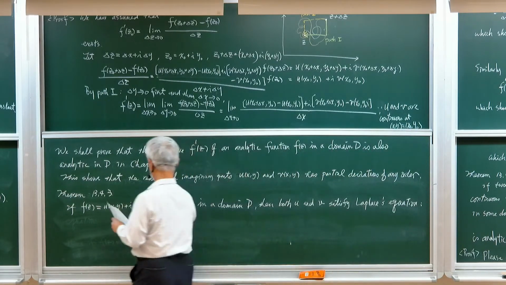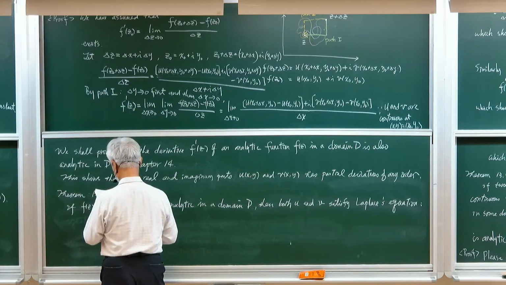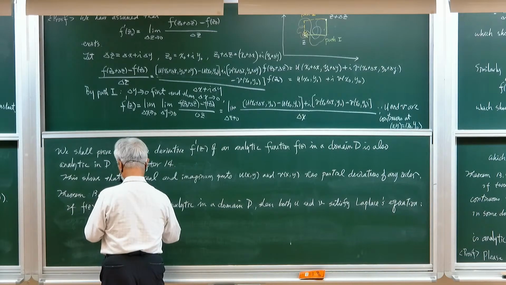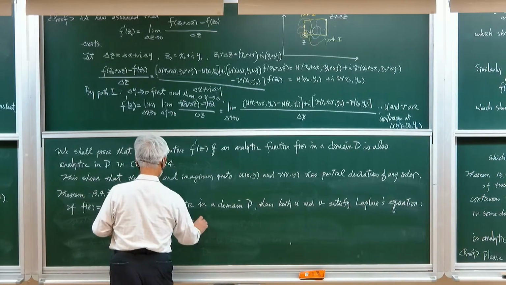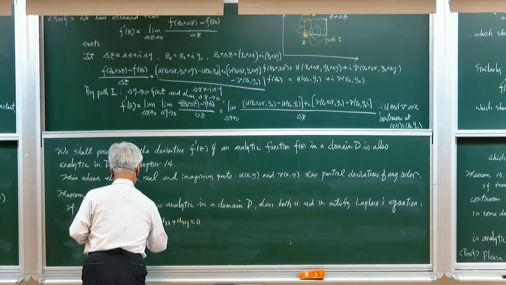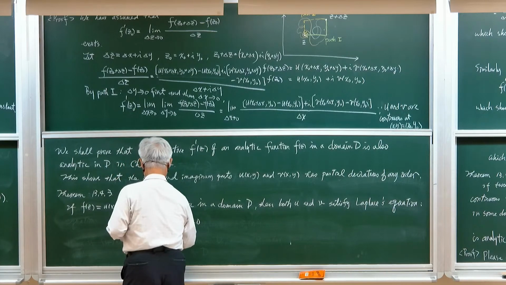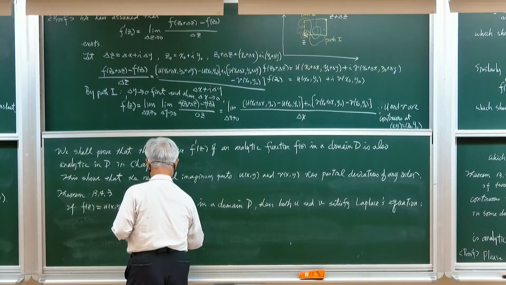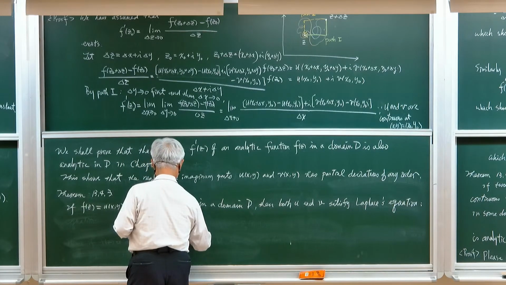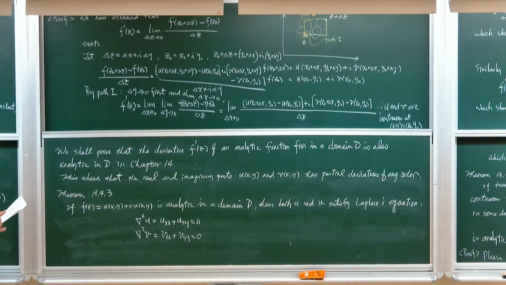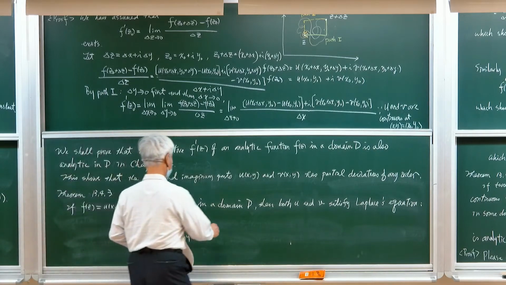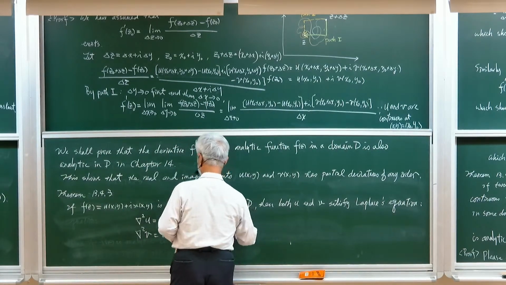So the Laplacian of u, uxx plus uyy, is equal to 0, and the Laplacian of v is also equal to 0.